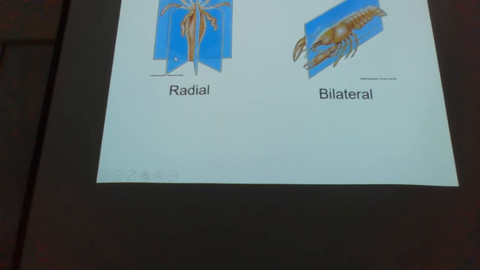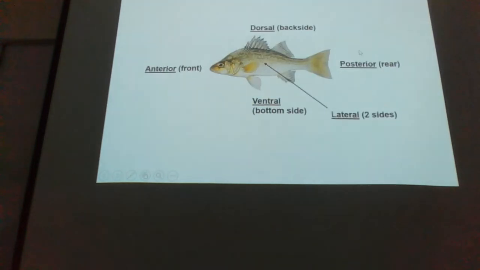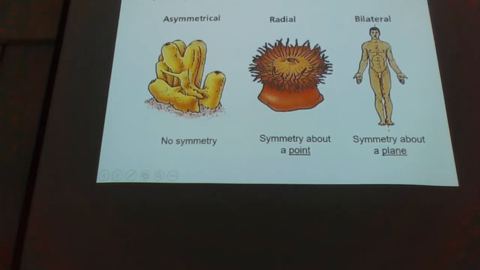This is a radial symmetry. This is a bilateral symmetry. We define them as, and these are just examples, bilateral, radial, asymmetry, no symmetry, right? We define the radial as a symmetry about a point, and the bilateral as a symmetry about a plane.